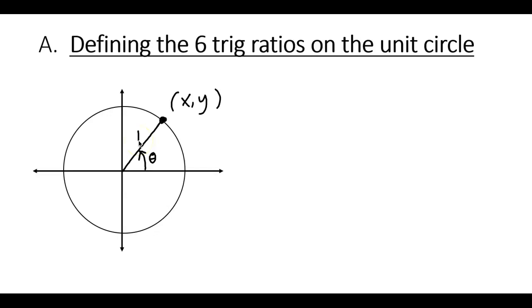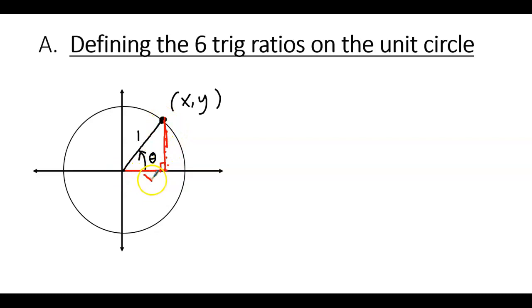Now, I'm going to turn this into a right triangle like we did in the last unit. So I'm going to draw a vertical line here and a horizontal line here, and that creates a right triangle with a hypotenuse of 1. As you may also recall, the x value is just the horizontal distance, how far over we go to get to this point.